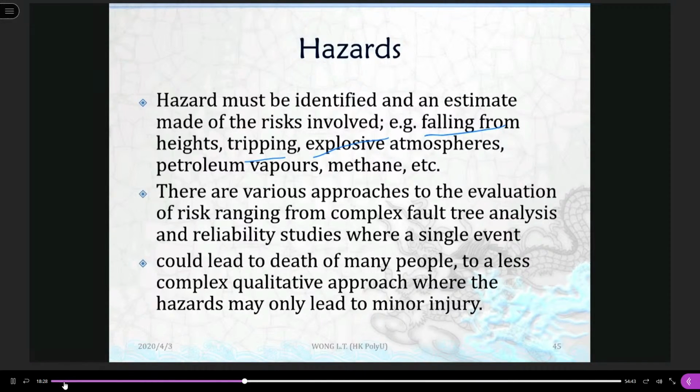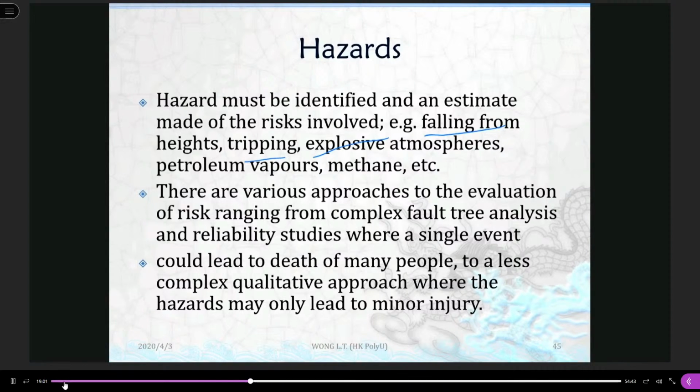There are various approaches to risk evaluation, ranging from very complex fault tree analysis, not usually necessary for the classroom but used for single events, to reliability and a checklist. Some checklists, where you count the number of checks and if all pass, it will be okay. We have a lot of these kinds of tools, and I think higher-level elective subjects will provide you more techniques on quantitative risk analysis.